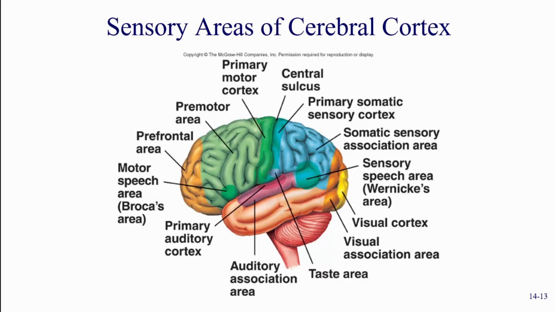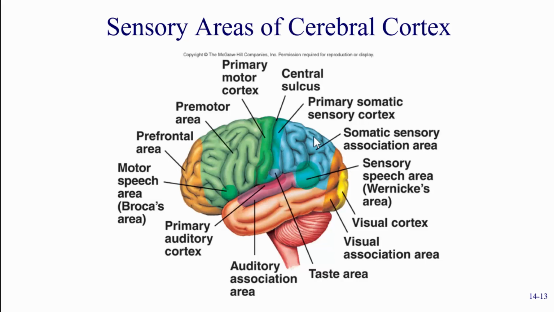Looking at sensory areas of the cerebral cortex, again, here's our central sulcus. Here's our precentral gyrus, and that's our primary motor region. Here's the postcentral gyrus. That's our primary sensory cortex. In the back, we have our visual cortex and our visual association area.